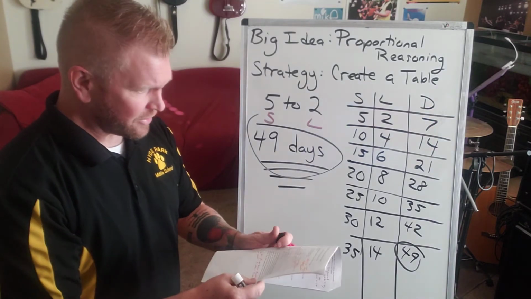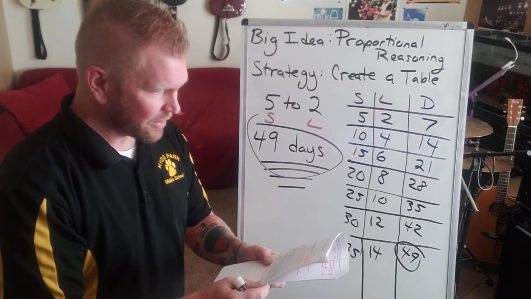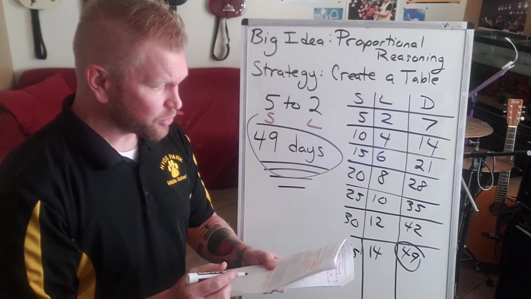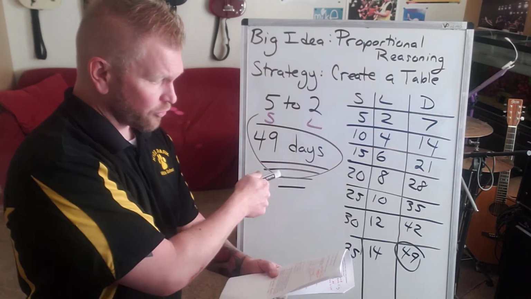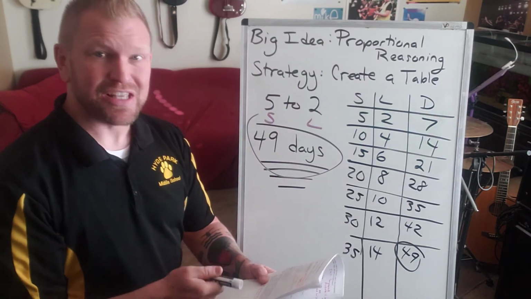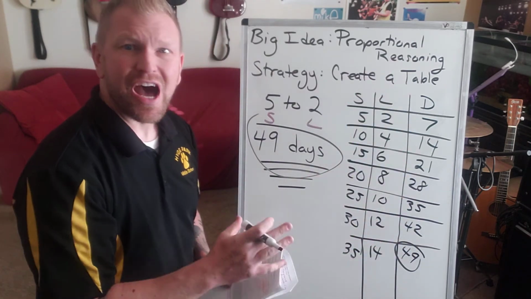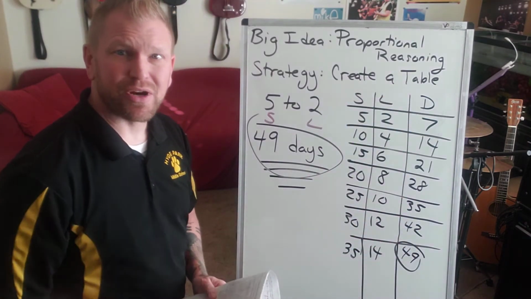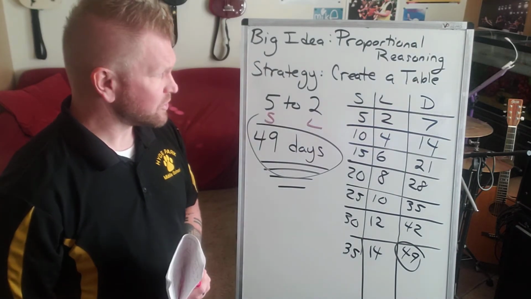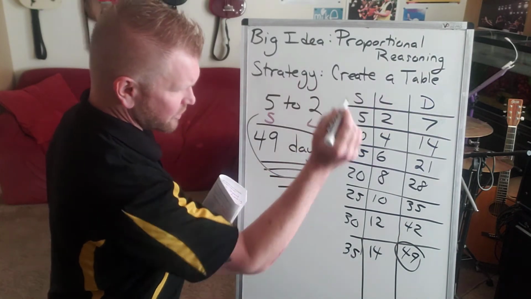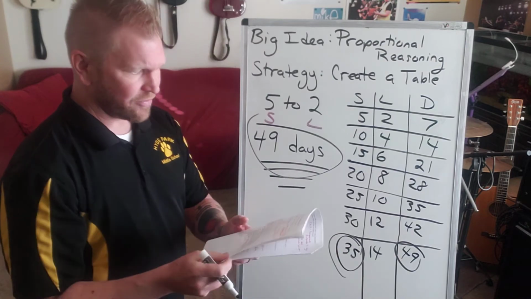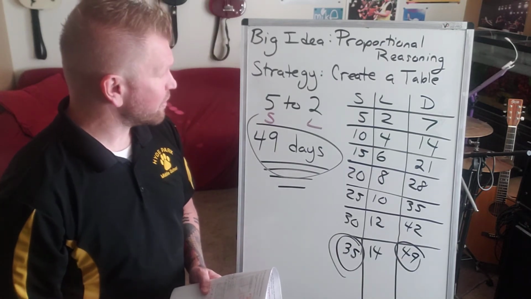They were asking, if Diane observed and recorded her brother's choices of shoes for 49 days, how many times did he wear sneakers? So once we finally got to 49 days, how many times did he wear sneakers? Which is the right number for times that he wore sneakers? Sneakers, 35. If you got 35, there you go.